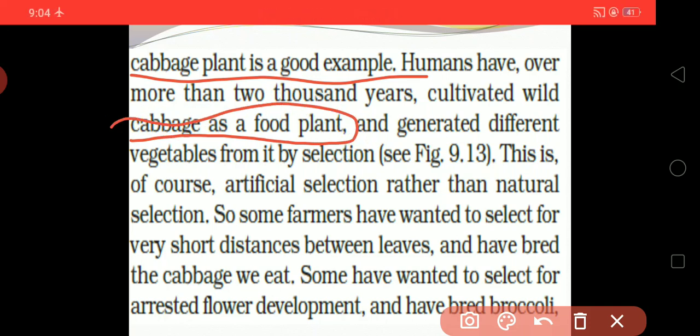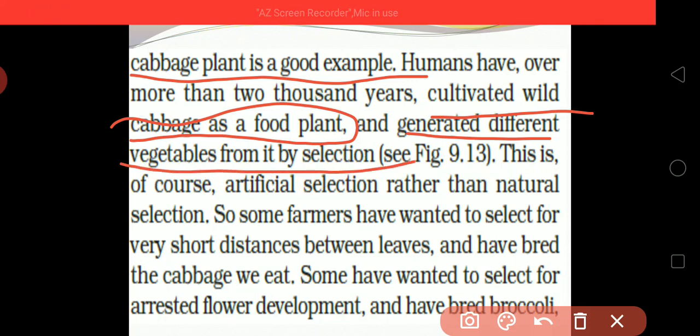Before 2000 years ago, we were already using wild cabbage as a food plant, and generated different vegetables from it by selection. This is of course artificial selection rather than natural selection. It is mostly artificial only. Naturally some of them are also there, but artificially they get generated and selected.